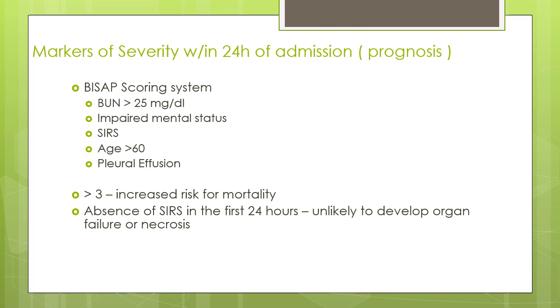BISAP score looks at your BUN, mental status, the presence of SIRS, the age of the patient, and pleural effusion in the first 24 hours. A score more than 3 is associated with an increased risk of mortality.